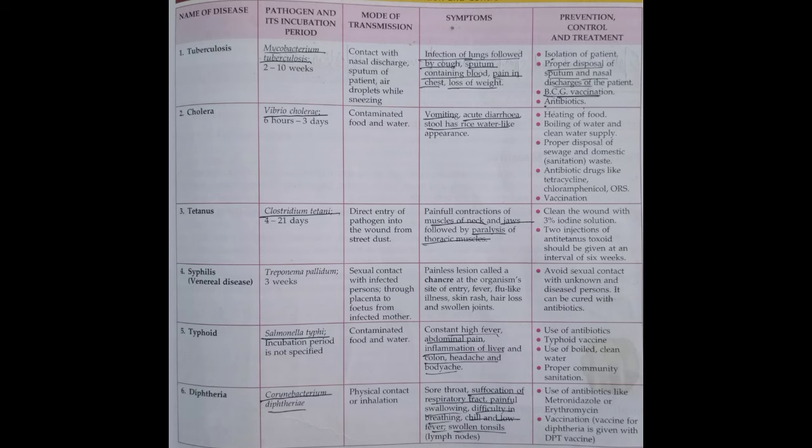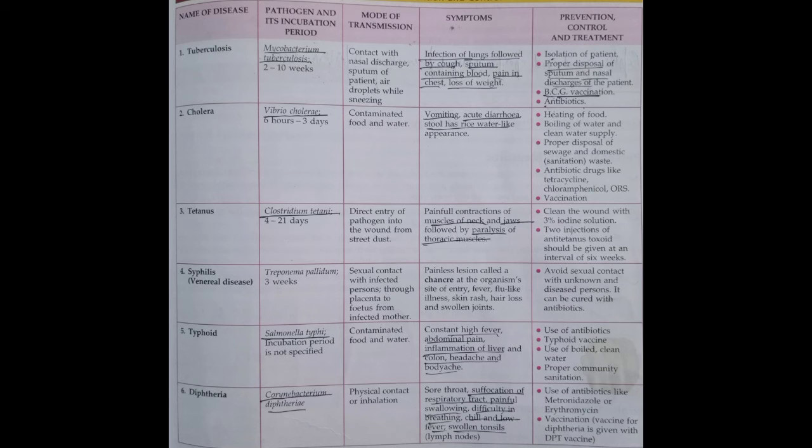Painless lesions on the skin at the site of entry, fever, flu, illness, skin rashes, hair loss, and swollen joints. These are the symptoms of the disease. What is the prevention? We should avoid sexual intercourse with an unknown person or the diseased person, and it can be cured with the help of antibiotics, right?